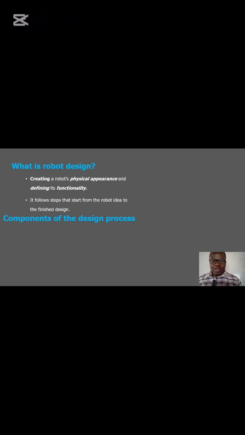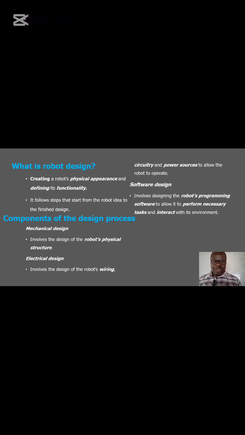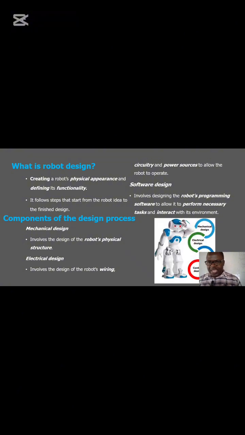There are 4 components of the design process, which are mechanical design, which involves the design of the robot's physical structure. Then we also have the electrical design, which is responsible for designing the robot's wiring, circuitry, and power sources to allow the robot to function. Software design, which involves the robot's programming software to allow the robot to perform necessary tasks and interact with the environment.